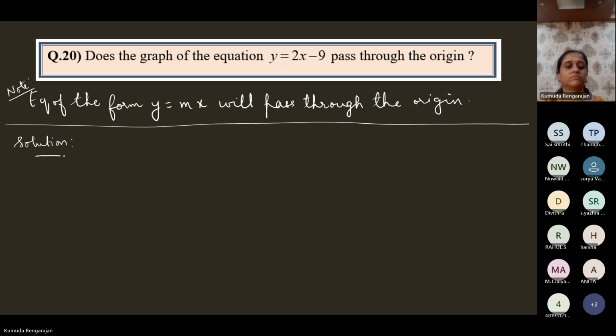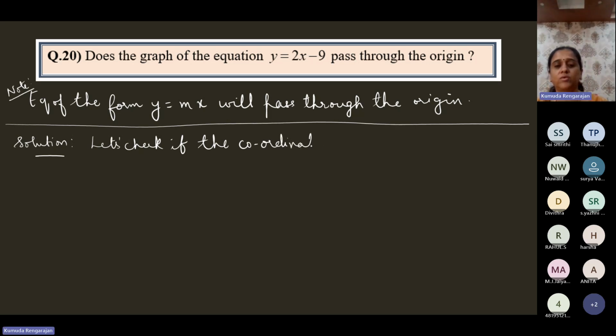Okay. So we'll check if the coordinates of the origin, 0, 0, satisfy the equation y is equal to 2x minus 9.